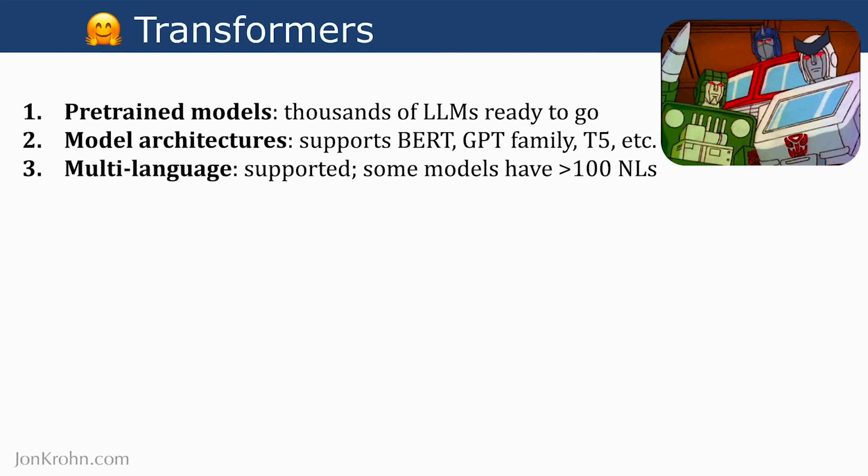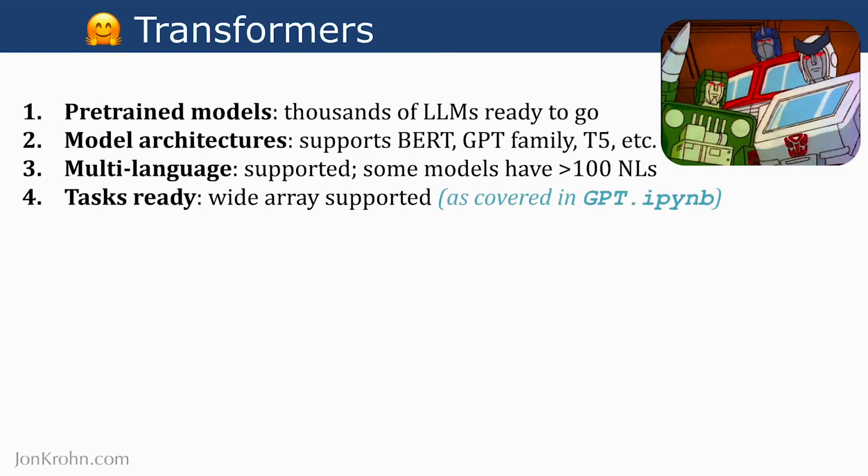Hugging Face supports multiple languages. So some models that it supports have over 100 natural languages. It's task ready. So as we already saw in the GPT notebook that we were in earlier, a wide array of different tasks is supported with transformers. In the GPT notebook, we used the pipelines functionality to get access to those tasks.